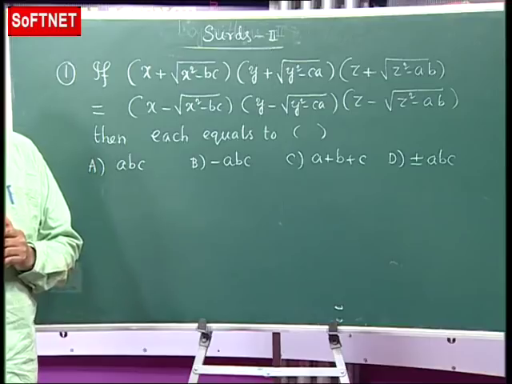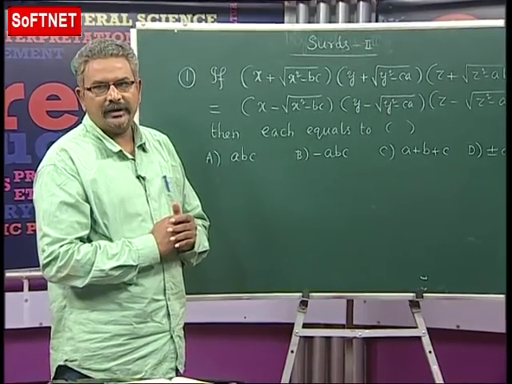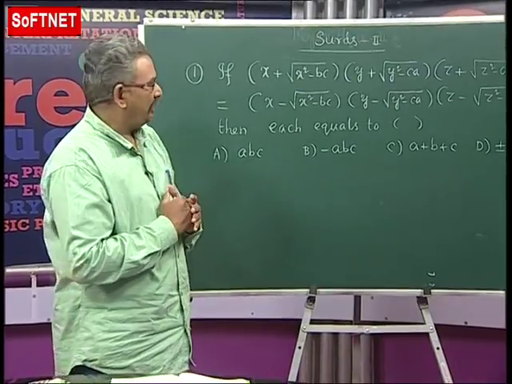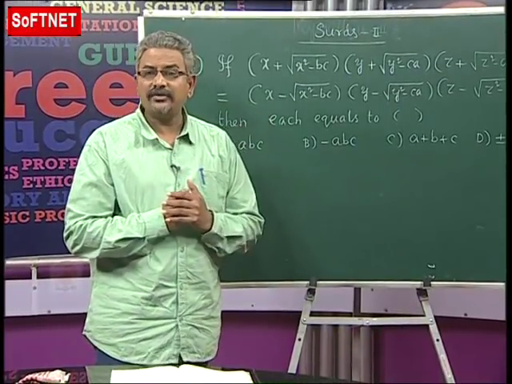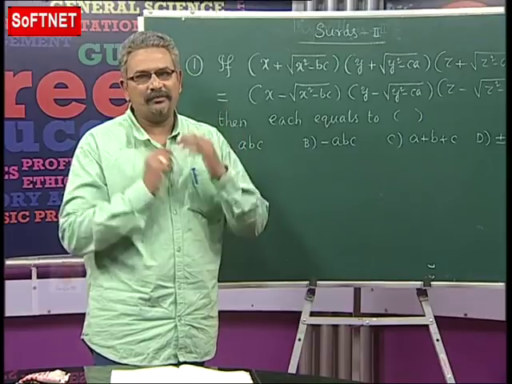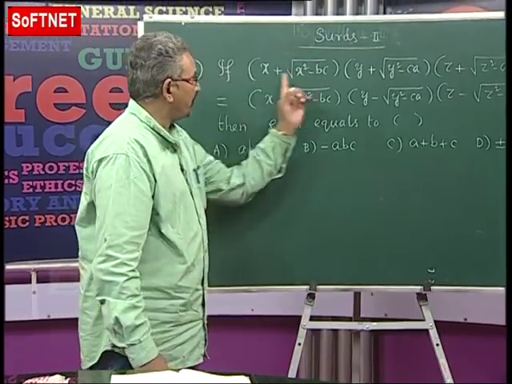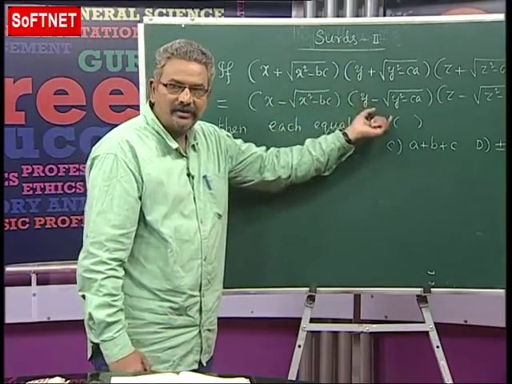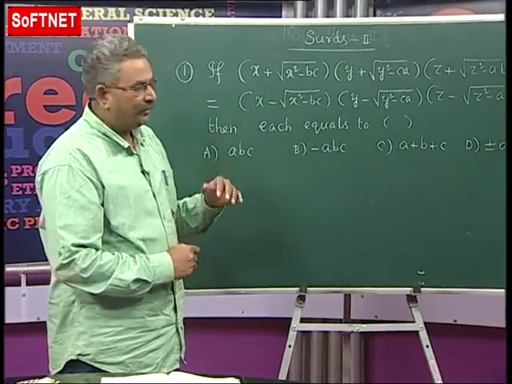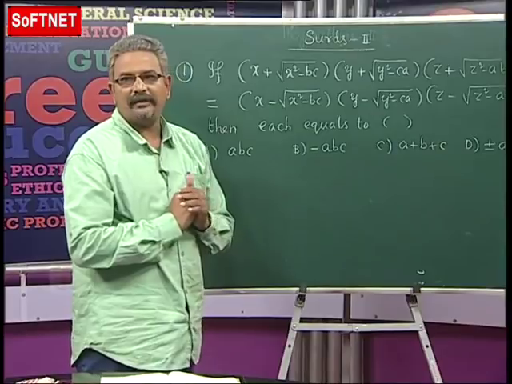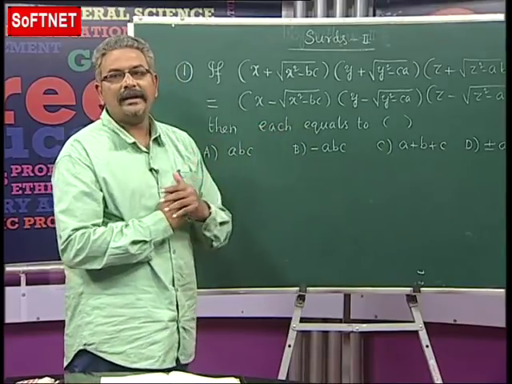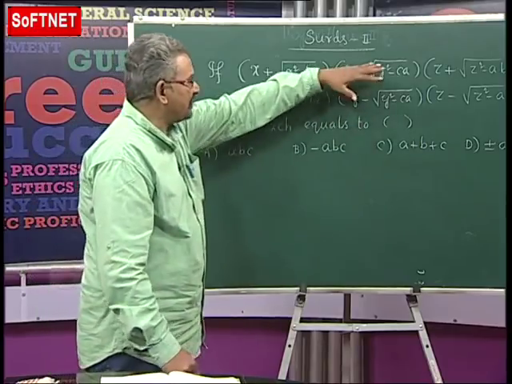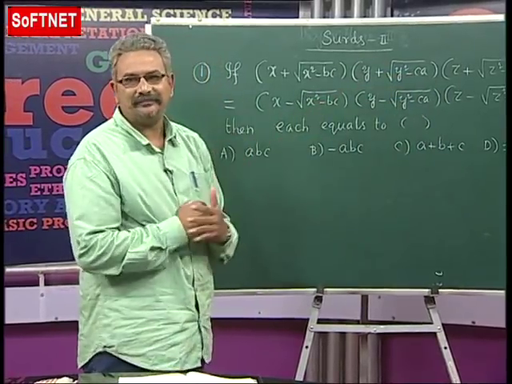That value has to be calculated. I will explain the problem solving strategy. First read the problem very carefully, comprehensively, then go for the problem solving method, then easily we can get the answer. So first of all, let us say each one equals k.